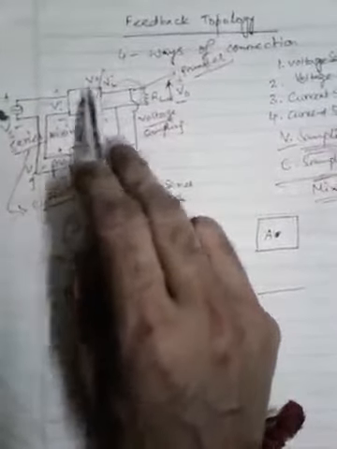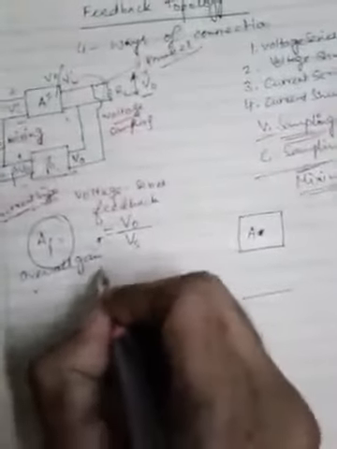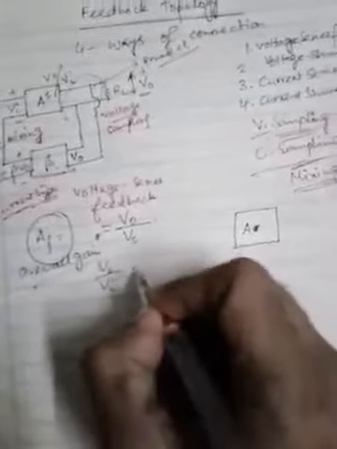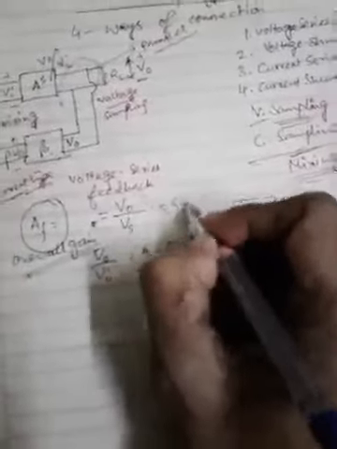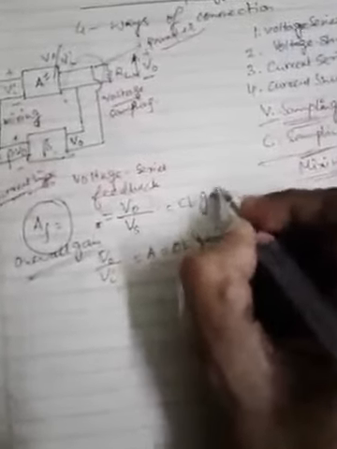So this A, VO by Vi here, is nothing but A, which is the open loop gain. But AF, which is VO by Vs, which is being termed as the overall gain, is actually the closed loop gain in this case. So now let us move on to the next circuit.